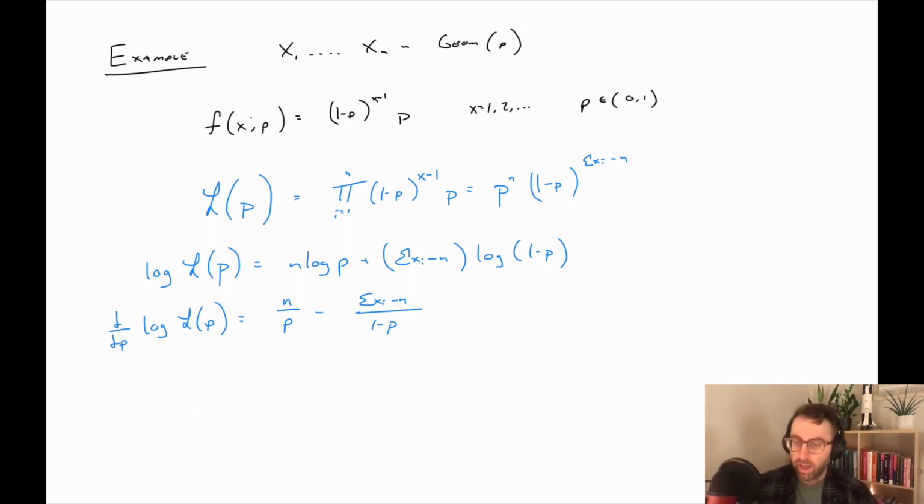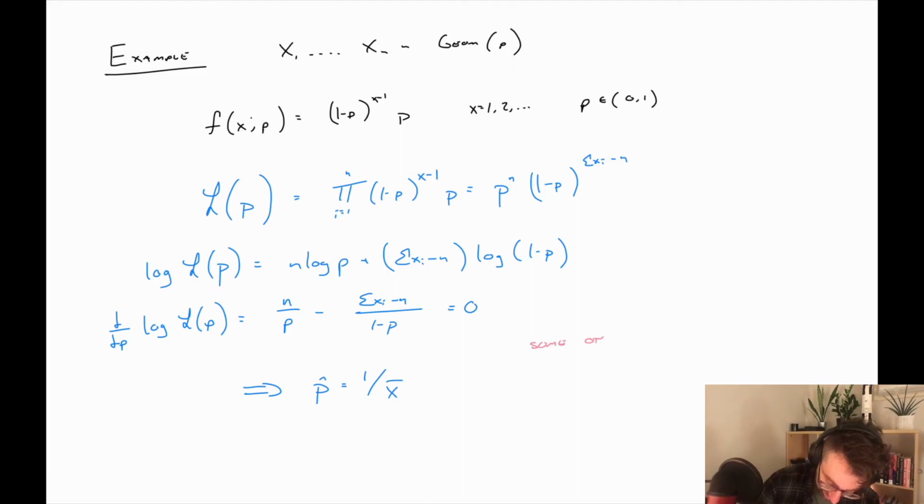Something like that. So if I set it equal to 0 and then solve, I'll end up with an MLE of 1 over x bar. Technically, we need to do a few other things to verify that that's a maximum, but we're going to ignore that for now.